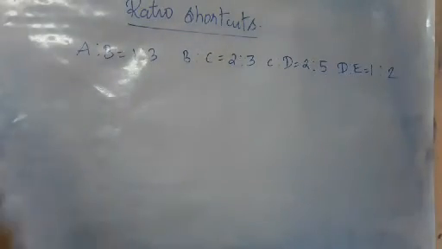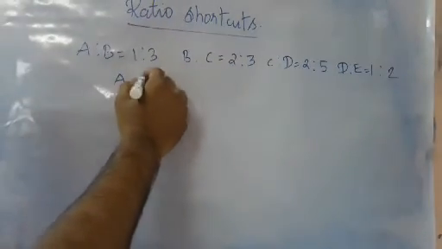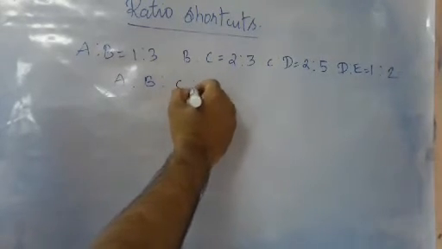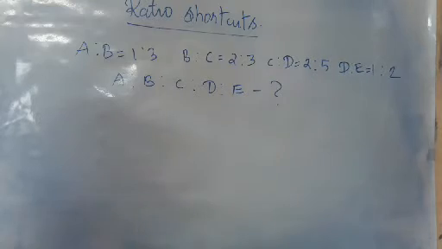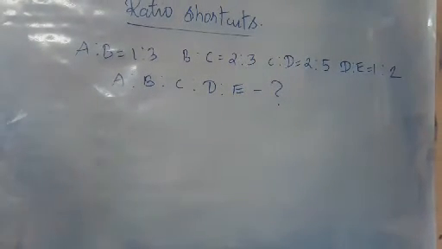Now we have to find the ratio of A is to B is to C is to D is to E, and how we are going to find out in a very simple manner.